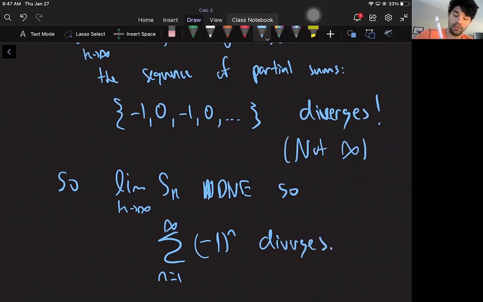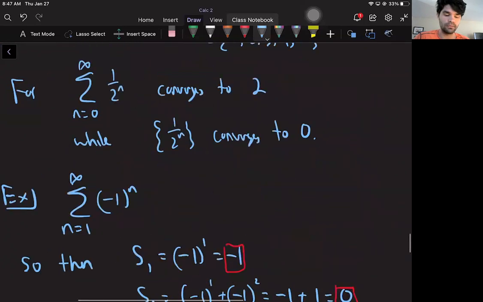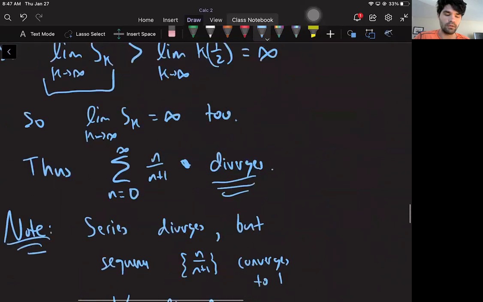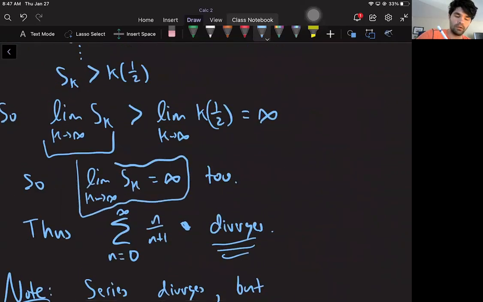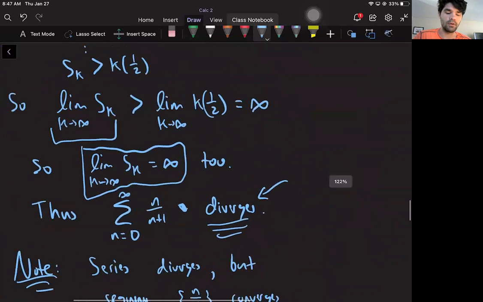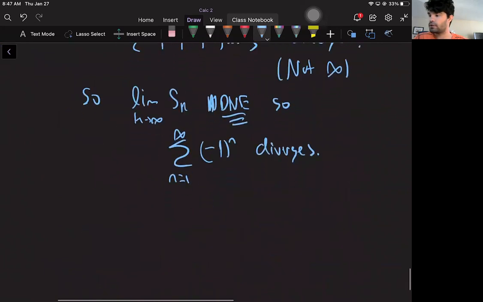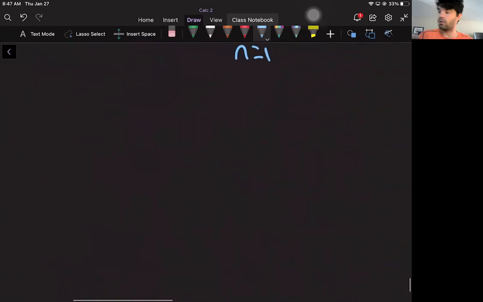Okay, so if it doesn't exist, that's another way that the series could diverge. In the last examples, it was because they went to infinity right here. That one went to infinity, and that's why the series diverged. But they could also just go nowhere, like the one we just did, and that would be another reason to diverge. Okay, so those are a couple types of tricks that you can use. Let's do one more. So let's see, this one.